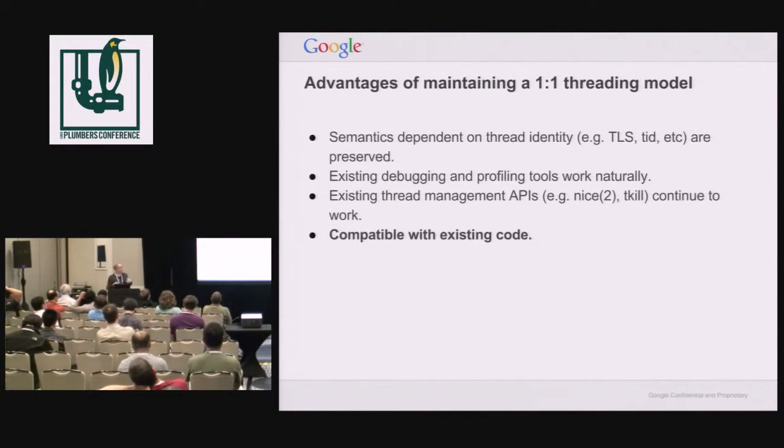One of the biggest problems the moment a language implements its own user-level threads is that when you try to debug or profile that language, nothing works, because GDB and pprof don't understand the stacks that language has set up internally. Well, these still have proper threads. You can kill them. You can use nice on them. It drops into existing code in a fairly compatible way. As long as you update your locking primitives, you can run code with this fine-grained thread switching, and nothing too much changes.